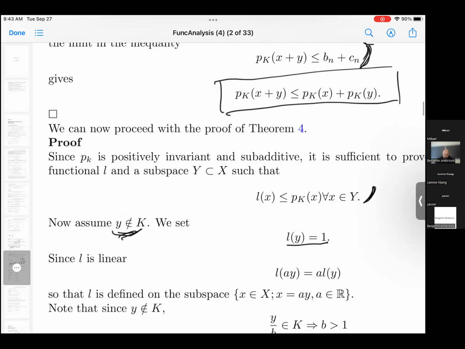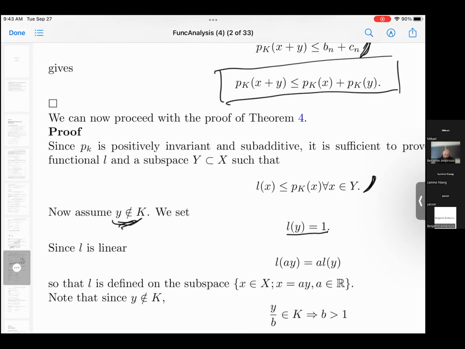Okay, now since y does not belong to K, if you have y divided by b, which belongs to K, necessarily b must be more than 1, right?